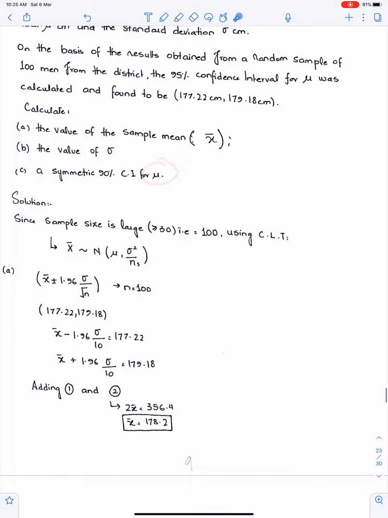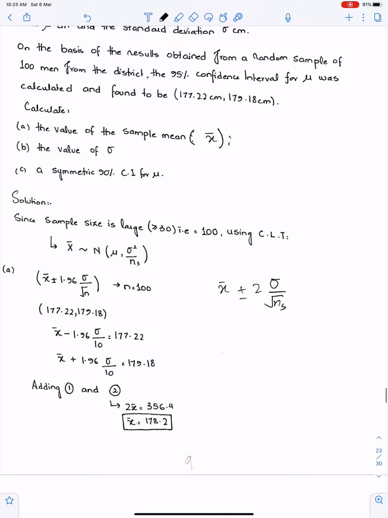Now, since the sample size is large, according to CLT, x bar is approximately normal, and the value of z for 95% is 1.96. So in the confidence interval formula you need to write 1.96 here. We are using this formula: x bar plus minus z sigma over square root of n, and the value of z is 1.96 for 95%.